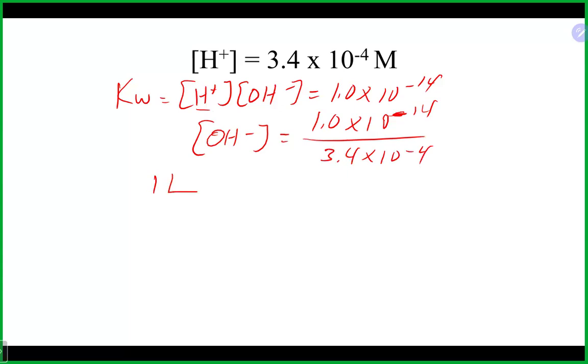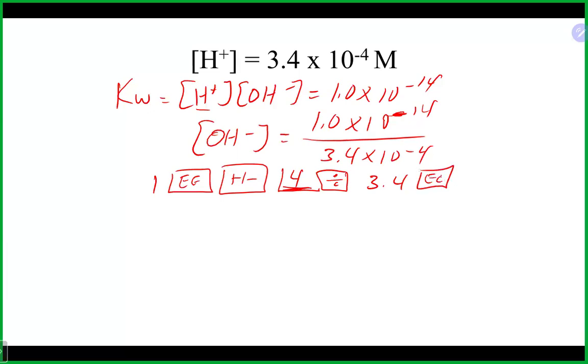So a 1, an exponent button, your negative button, and 14. And then we're going to divide it by 3.4, once again your exponent button, your negative button, and 4 there.